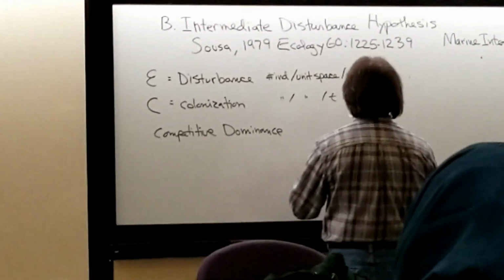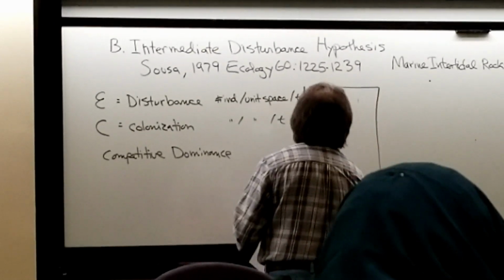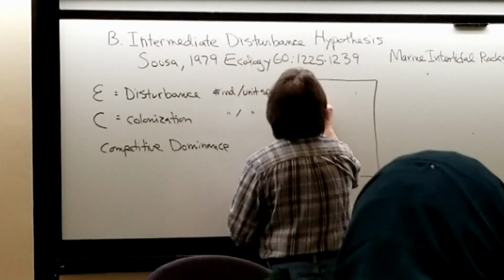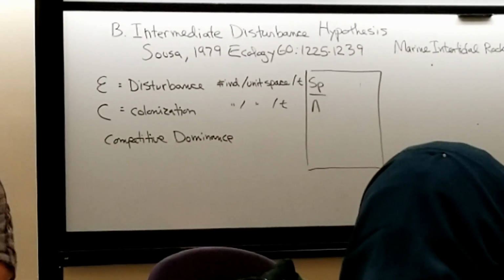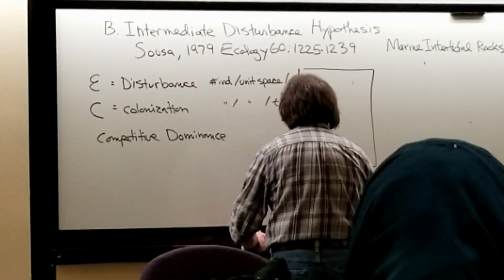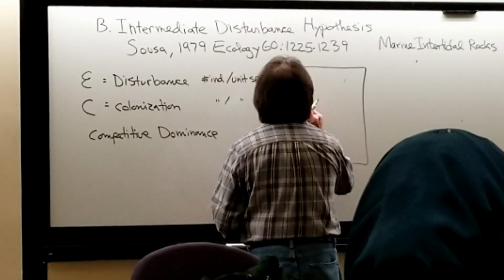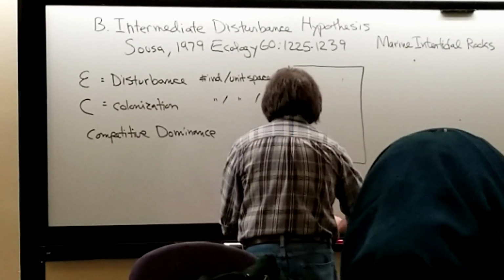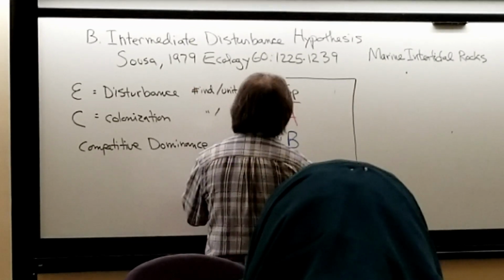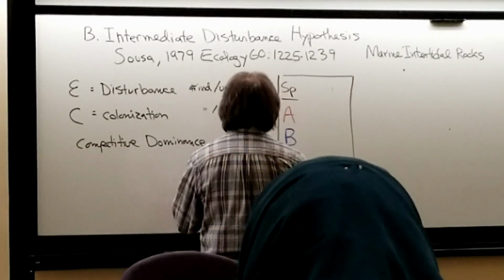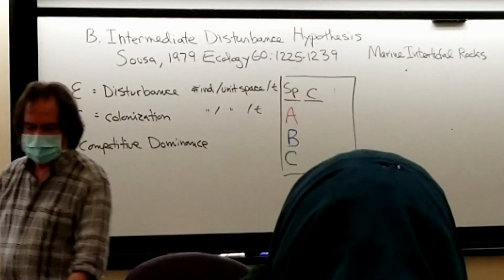So let's set up a table, and we'll say we'll have 3 species, A, B, and C. And we'll say the colonization rate, what shall we make?